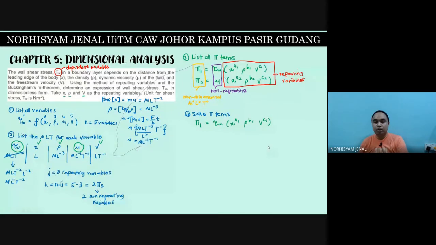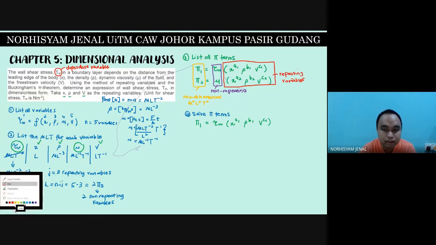Right. So solve pi term. We're going to do the pi term one by one. So we do pi1 first. Okay. So pi1, this will become M0, L0, T0 equals this one based on the MLT that you have. M1, L1, T negative 2.